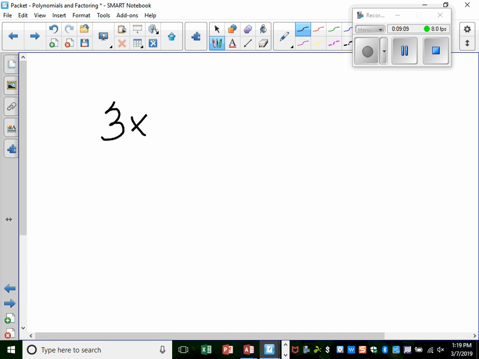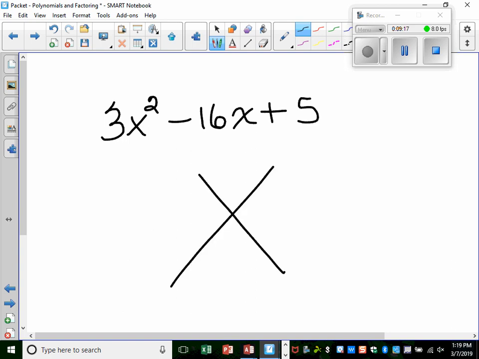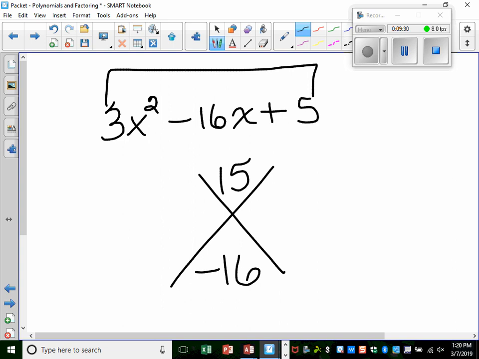Number 3 is 3x squared minus 16x plus 5. Okay, make my x. What number goes at the top? 15. 3 times 5. What number goes at the bottom? Negative 16. So let's think about this. Obviously, one number has to be negative and one number has to be positive, right?